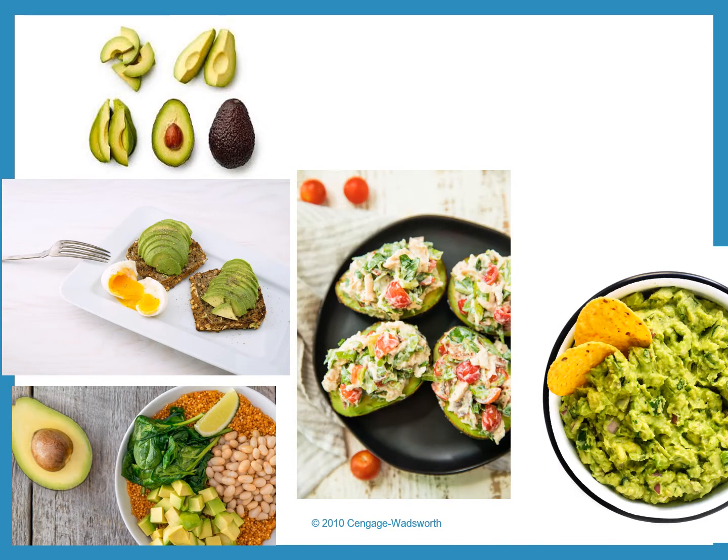So we talked earlier about pictures that we are going to use. If we look at the pictures here, normally when we're in the class, I would ask you what picture would you use for the different cultural groups? It's important that when we are talking to a Hispanic population group, the far right, where we have the guacamole recipe or picture, is a picture that will talk to them much more than maybe the far left, where we have the avocado on sliced bread, because that is probably not something that Hispanic people will be familiar with.